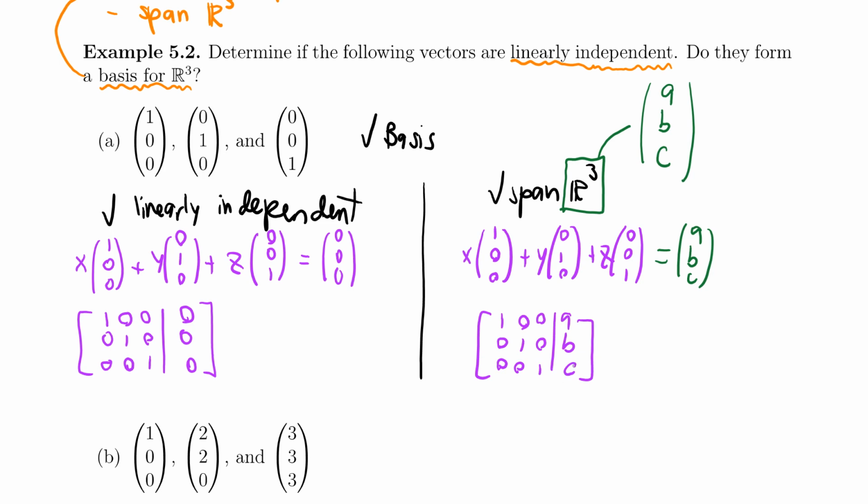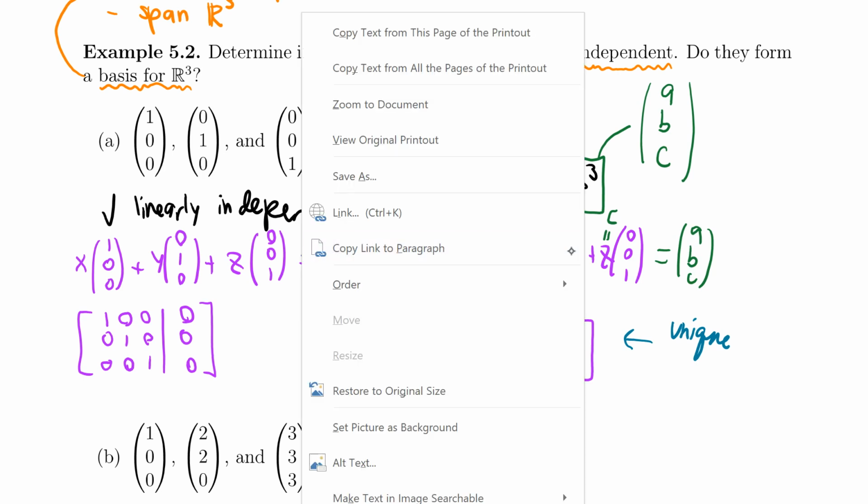And that actually makes sense because if x equal to a, and y equal to b, and z equal to c, then my left hand side and my right hand side are equal. Notice also that the solution here is actually unique. And this is one of the properties of a basis that we talked about earlier: for any vector in my space, it can be written uniquely as a linear combination of its basis.